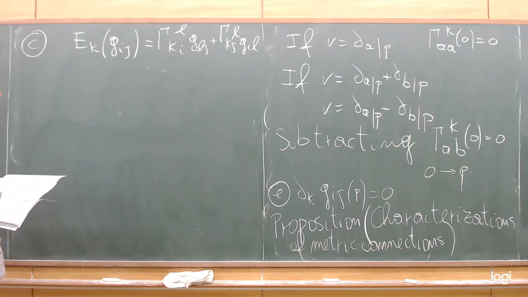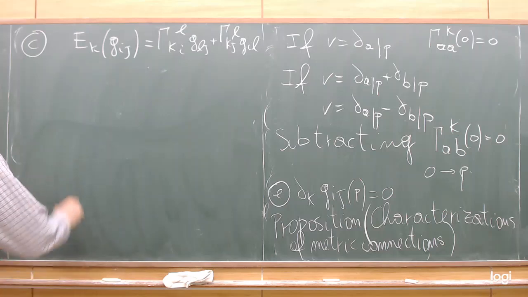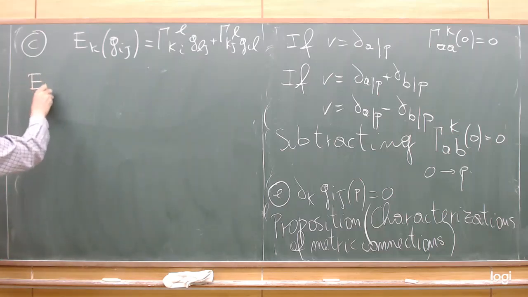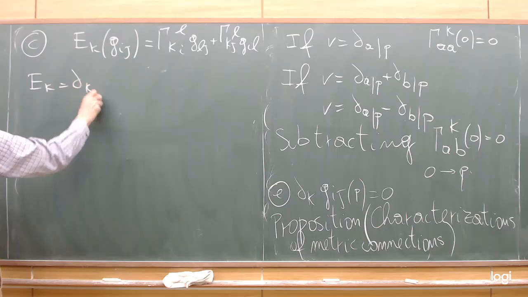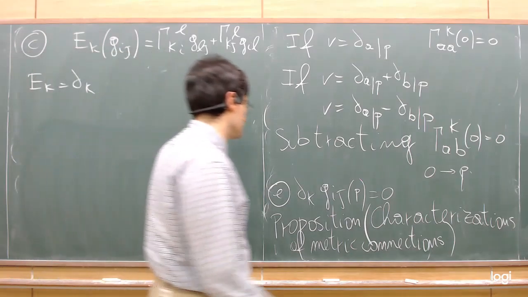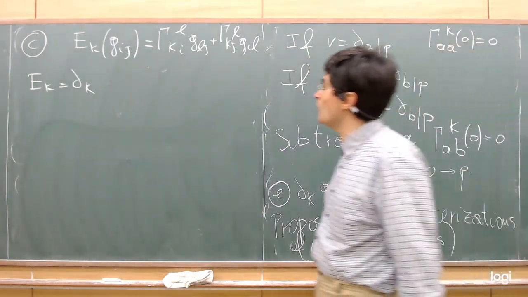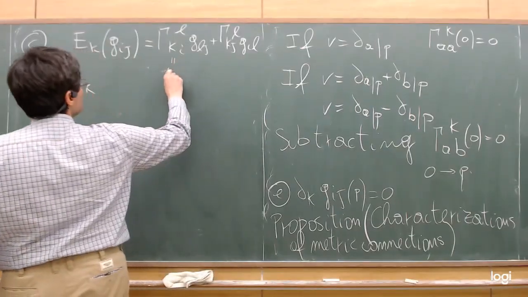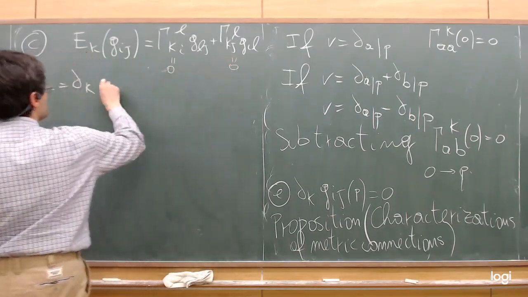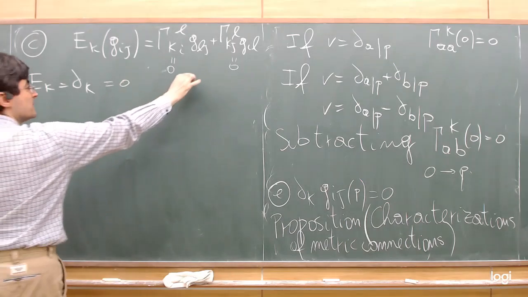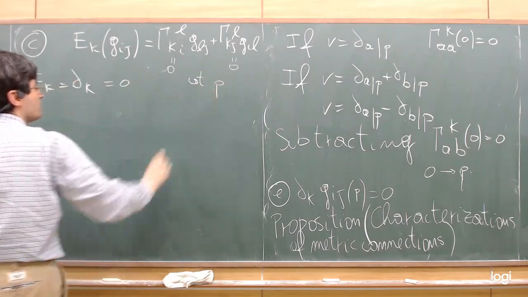Now we take E_k equal d_k in order to get d_k g_ij, and now we observe that this is 0 and this is 0 at P.